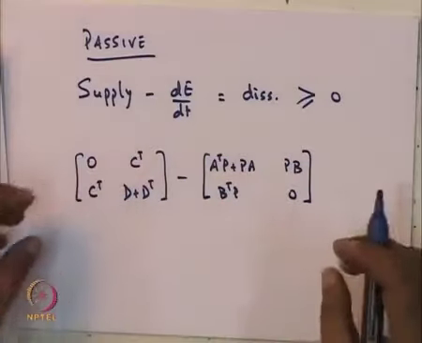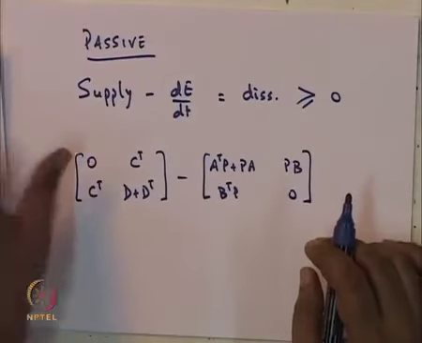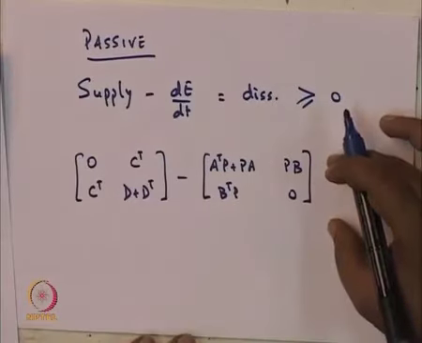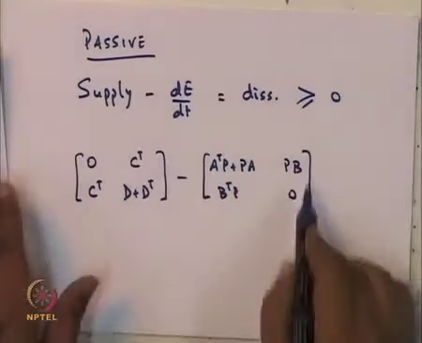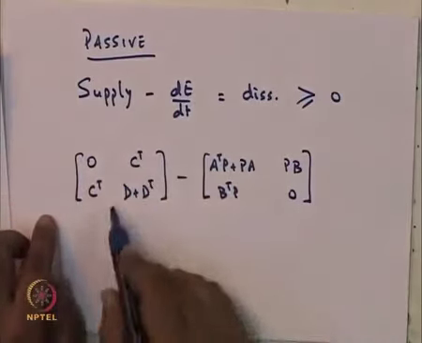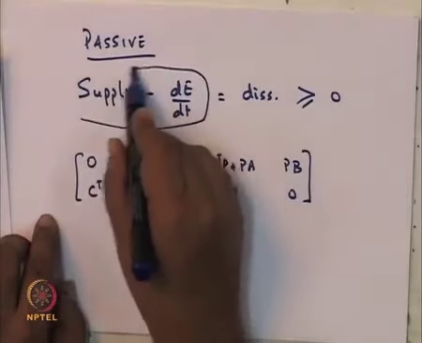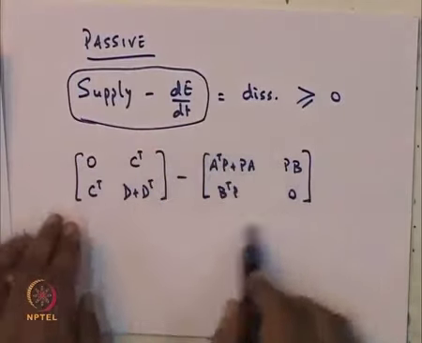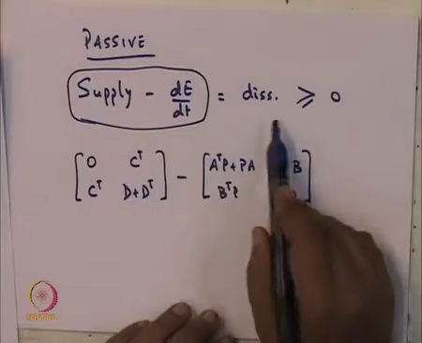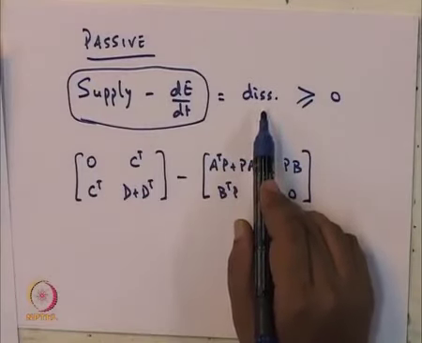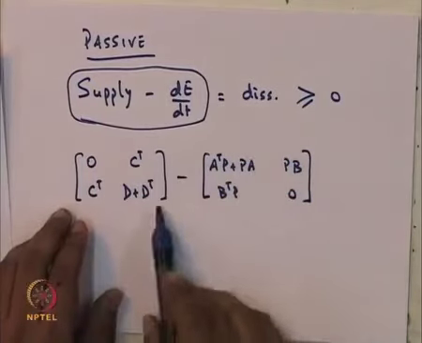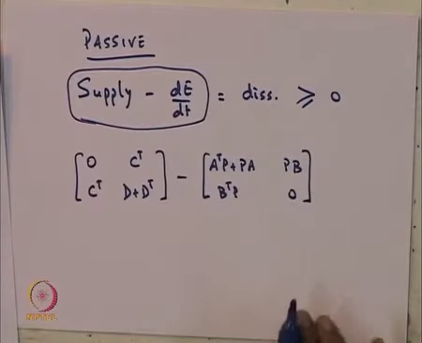So this whole matrix put together, pre-multiplied by x transpose u transpose and post-multiplied by x u, is supply minus dE/dt. So this whole thing must be equal to dissipated energy, and so this matrix must be a positive semidefinite matrix if the given system was passive.